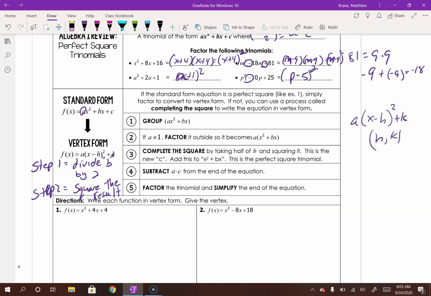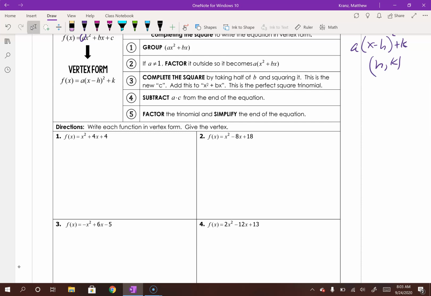All right, let me clean this up so I can show you what I'm talking about. Number 1 is in standard form. I can't tell what the vertex is unless I go through the process of doing negative b over 2a and then plugging that number in to find y. But what I can do is complete the square. This is a, b, and c.